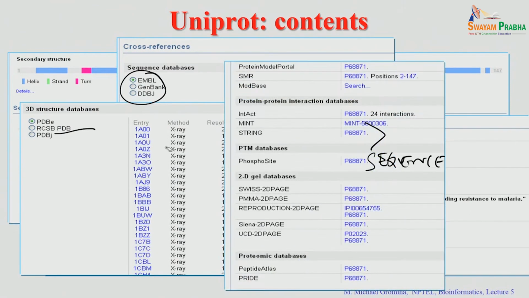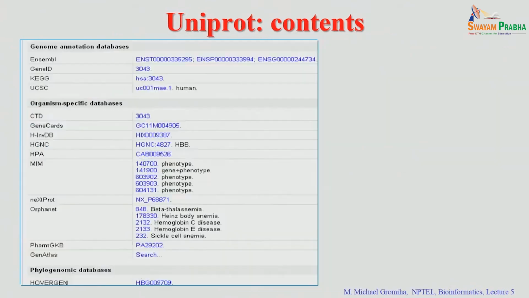These are the protein interaction databases: MINT, IntAct and STRING. They give you how your particular protein interacts with other proteins. Then they give other proteomic databases, the post translational modification database and so on. They also provide genome annotations, organism specific databases as well as phylogenomic databases.